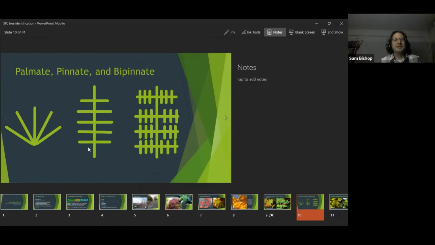There is pinnate, which means everything branches left and right off a central stem. And then there's bipinnate, which is just that same pinnate pattern, and bi, of course, repeated twice. So you have side stems off of a central stem, and then the leaflets, or whatever it is, will actually be on those side stems.